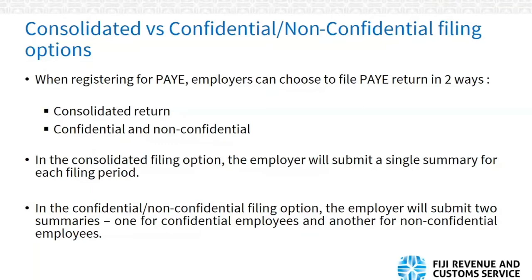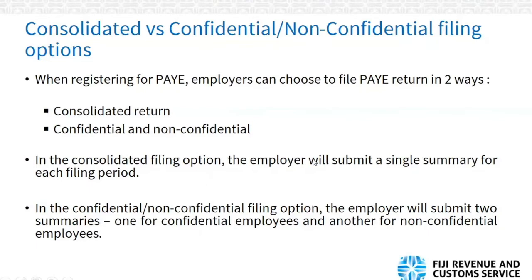In that option, the employers can choose to file PAYE return in confidential and non-confidential. Basically, the confidential filing option will have all the management records or all the employees that are in confidential filing, and non-confidential will have all the other normal employees. The wages record will include all the normal employees.